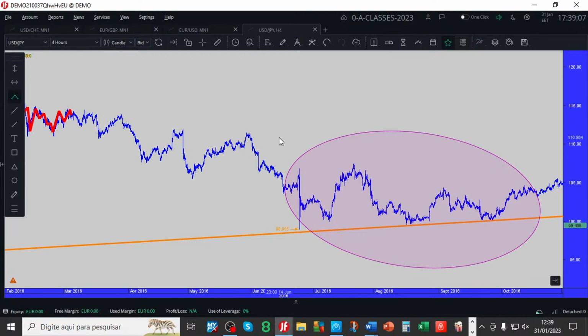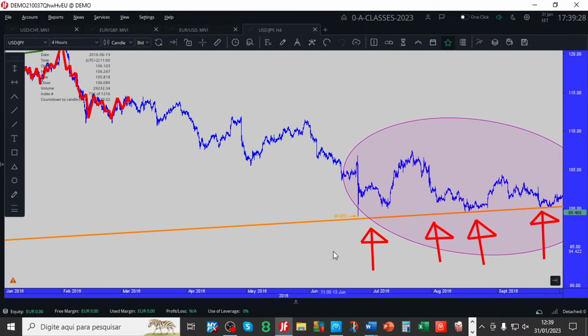This is the lesson. If I'm not aware that there is a long-term uptrend line on my time frame, or a medium-term uptrend line on my time frame, I'm going to psychologically try to short the market and short the market and short the market.